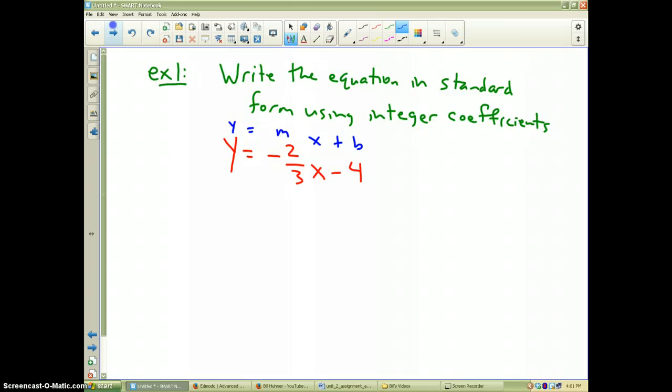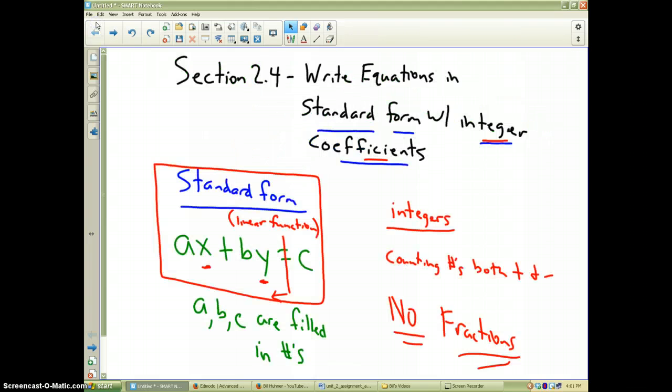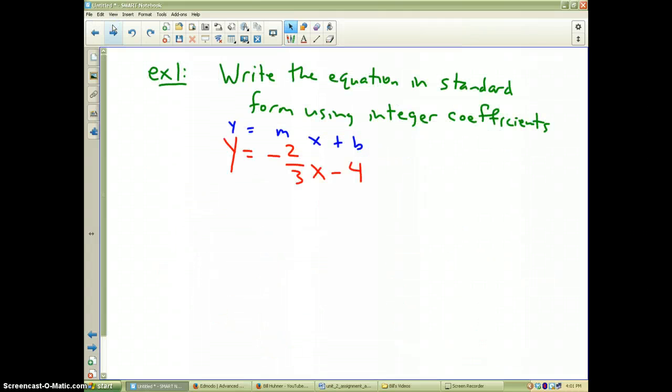I need to get this in standard form, and from the prior slide, we need to get the x and the y on the same side of the equal sign. Very simply, I'm going to draw the balance scale line, and I'm going to take the x term and move it to that side.